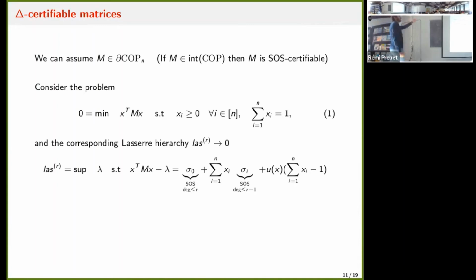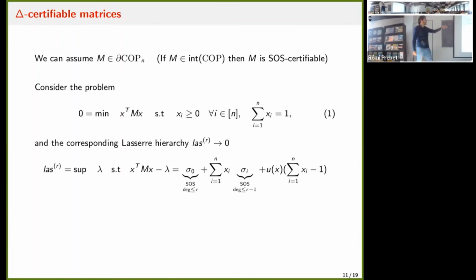If M is in the boundary of the copositive cone, then this is saying that the following standard quadratic program has optimal value equal to 0. Right? So the minimum of x transpose Mx over the standard simplex is 0.